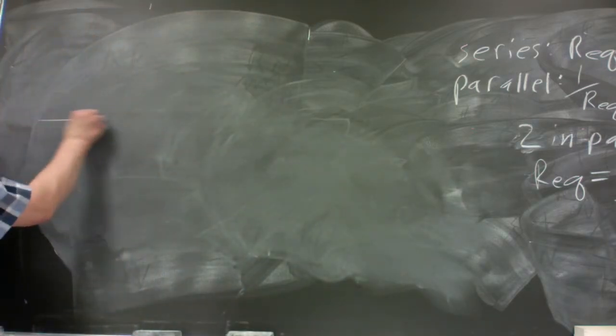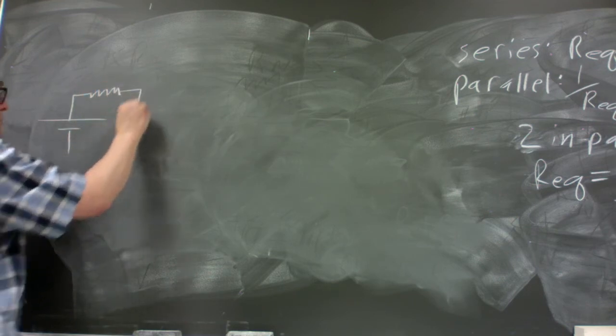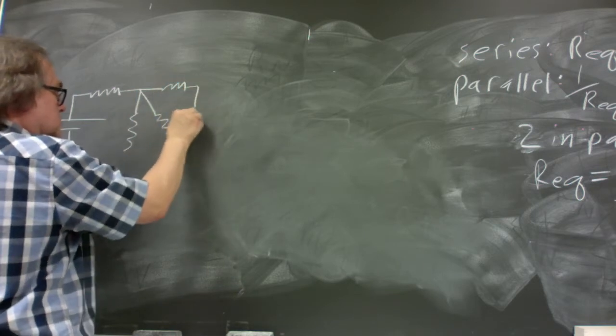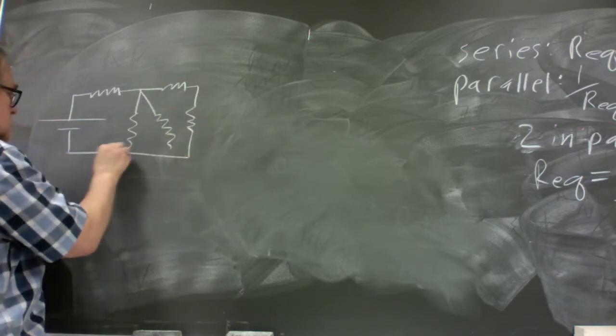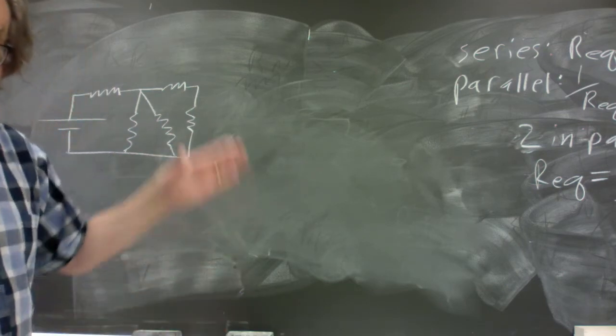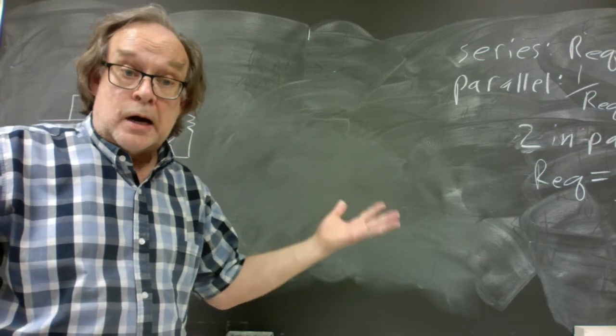So let's look at that. And to keep things relatively simple, let's just say all of these resistors have the same value. Let's just say all of them are R ohms.